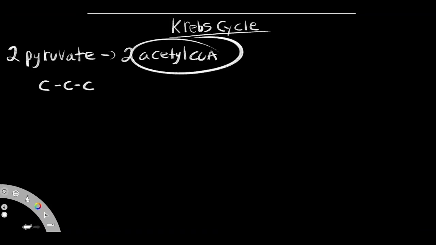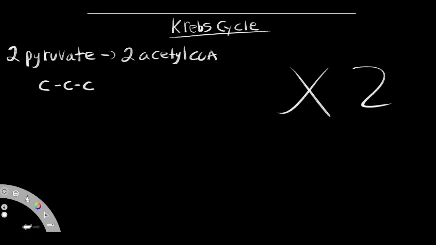One pyruvate is going to make 1 acetyl-CoA, and at the very end I'll just say that happens twice, so we'll do times 2, because you can see that we had two pyruvates creating those 2 acetyl-CoAs. So we'll just tackle one for now and then duplicate it.